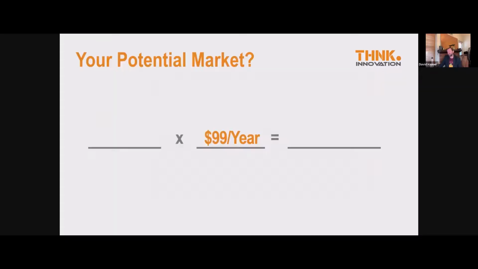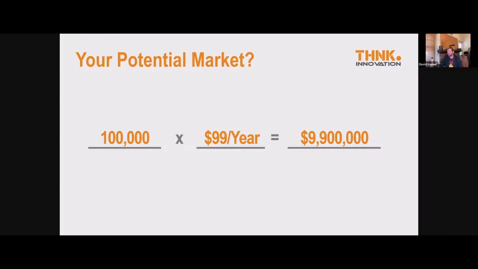And on a tangible example, if you have a subscription service, for example a software as a service product, and you identified that your service is worth $99 a year for your clients, and you have a potential market of 100,000 clients, then that's a potential market size of $9.9 million a year.